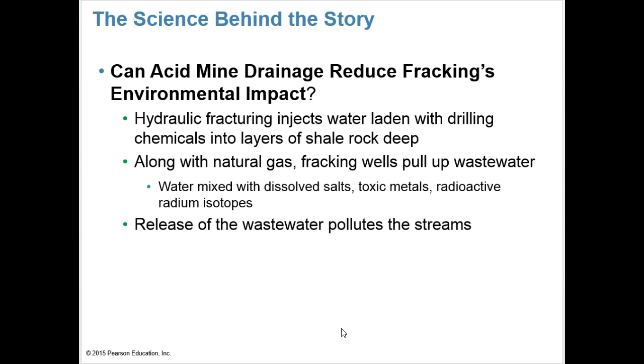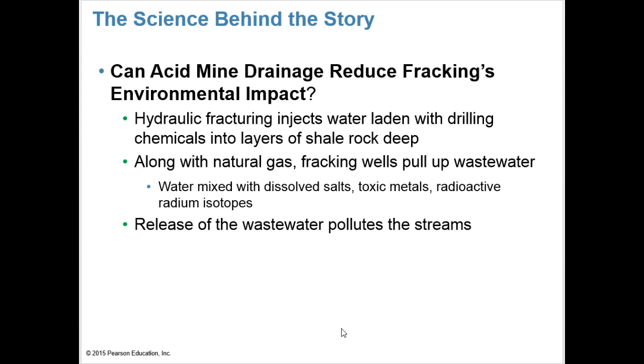Hydraulic fracturing injects water laden with drilling chemicals into layers of shale rock deep underground, fracturing the rock and releasing natural gas trapped within. Along with natural gas, fracking wells pull up wastewater called flowback fluid, made up of drilling chemicals mixed with water containing dissolved salts and toxic metals like barium and strontium, and radioactive radium isotopes from deep underground.